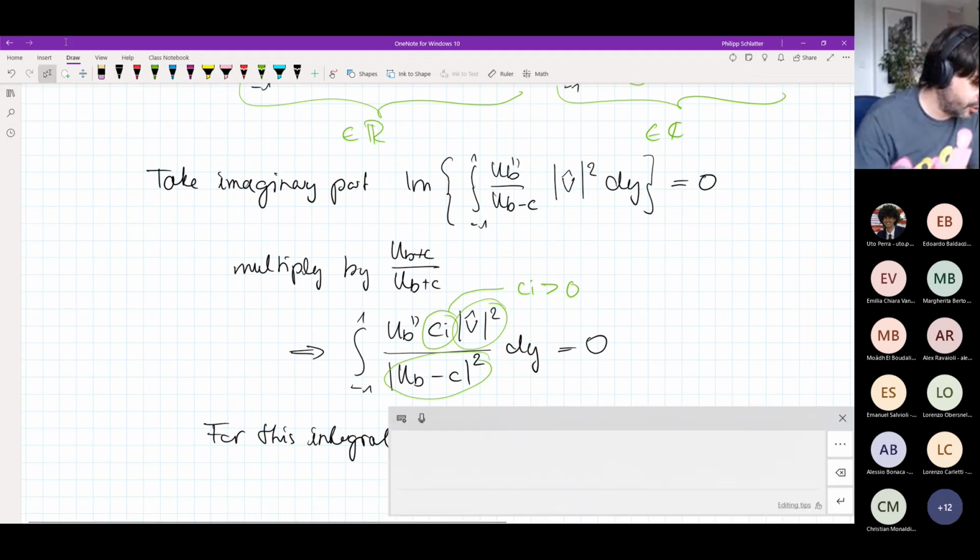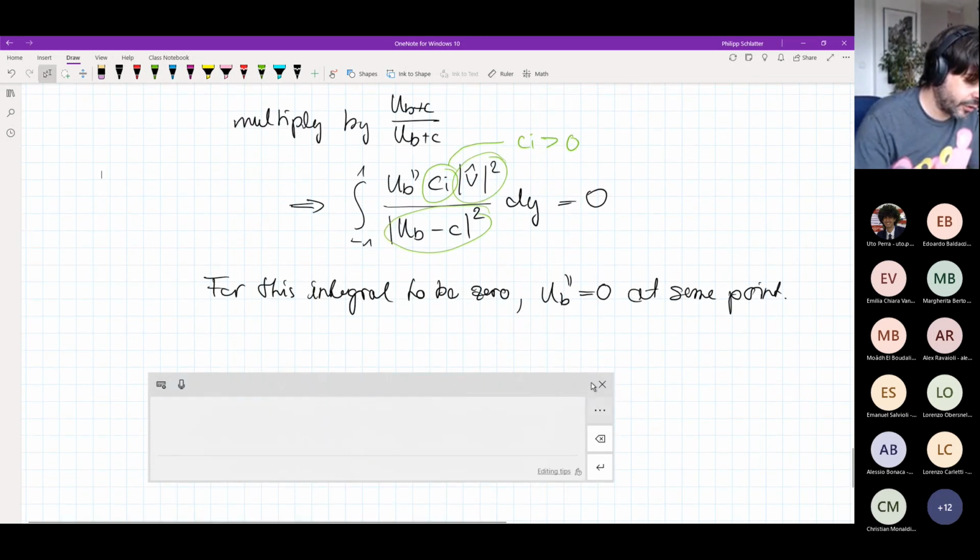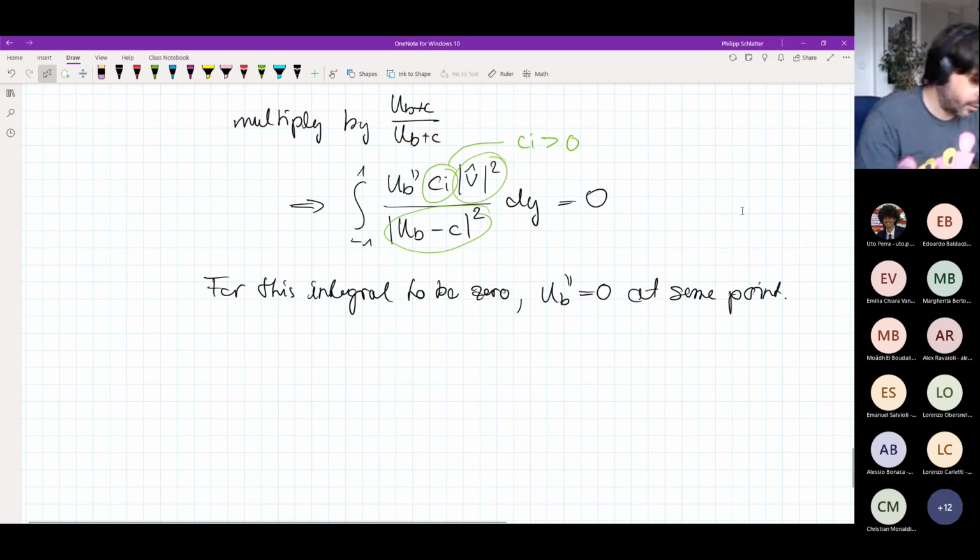Otherwise, you couldn't get that to work. The integral would not be 0. But of course, it's by no means a sufficient condition. It's just that it needs to be 0 somewhere in order to potentially have an instability.